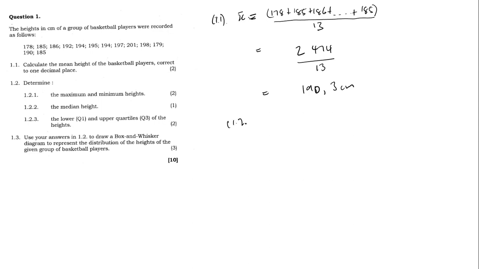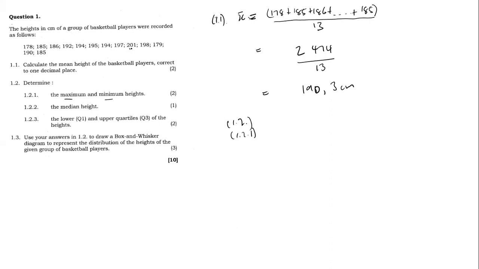Then we move to 1.2.1. They say to us, determine the maximum and the minimum heights. Now, when you are given your data in this form, where you want to determine the maximum and the minimum, it's fine. You don't have to rearrange your data in ascending or descending order. You can just look for the maximum value. In this case, I can already see my maximum value.